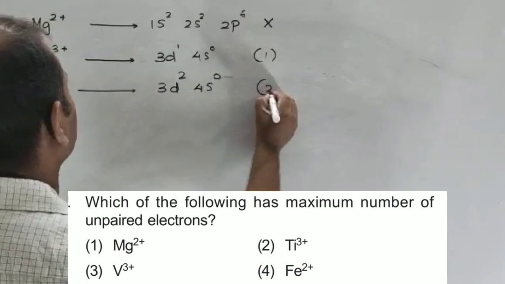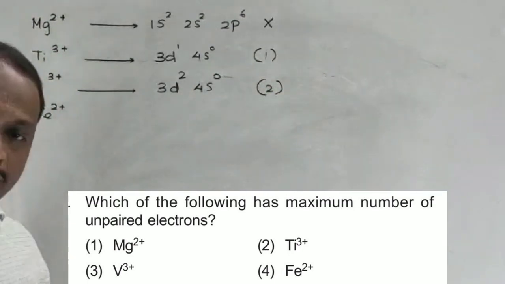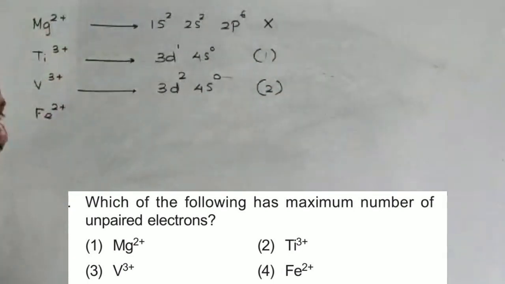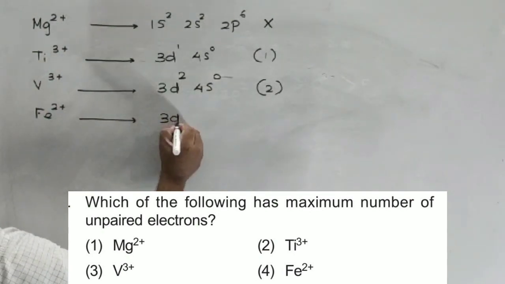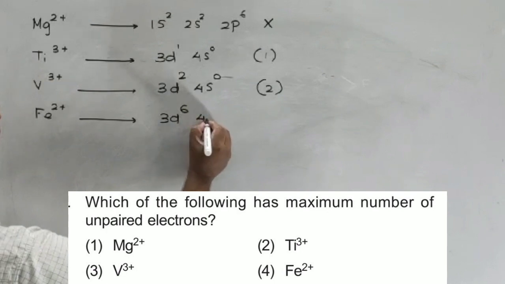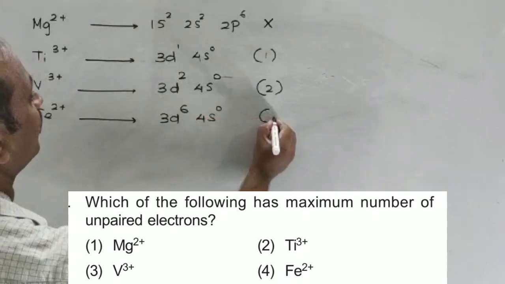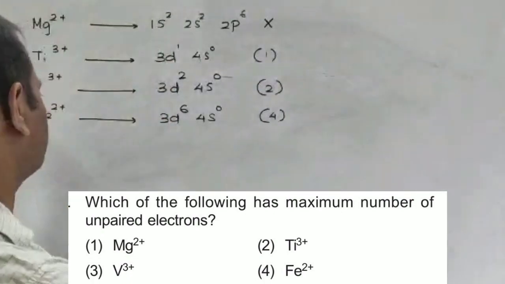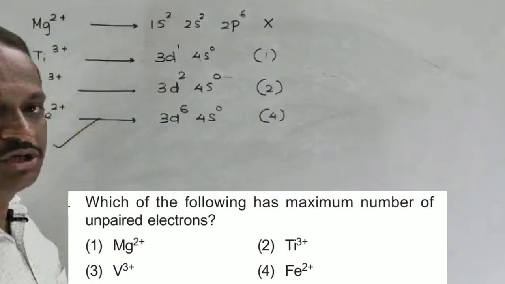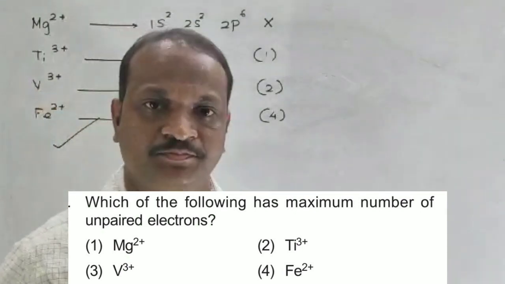So how many unpaired electrons? Fe2 plus: Fe means 3d6 4s2, and we have removed 2 electrons. So what we get there? 3d6 4s0. So unpaired electrons 4. So where we have the maximum number of unpaired electrons, we have Fe2 plus. So the fourth is the correct answer.